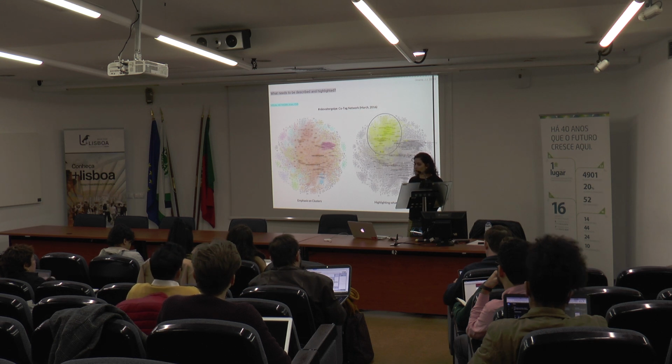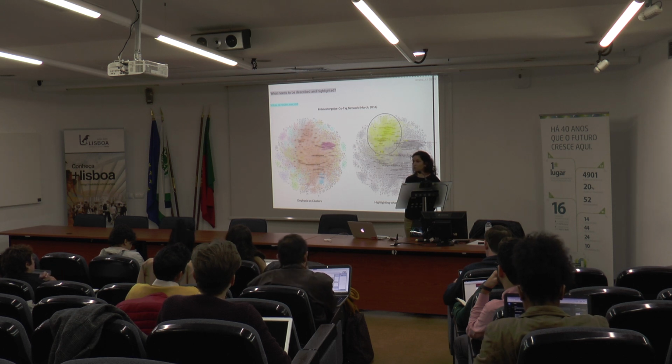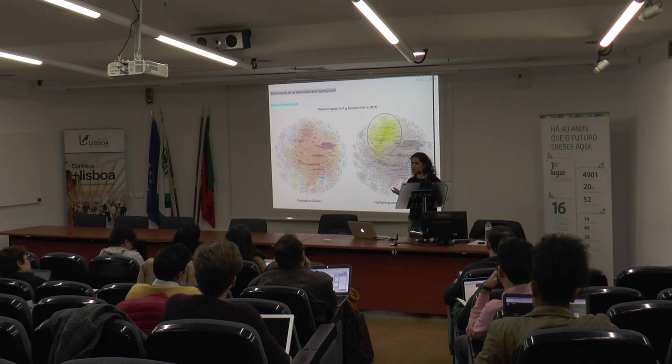And what you see on one side, colors emphasizing clusters, which means you have different forms of conversational support apparently supporting "There won't be a coup." On the other side, you see what was hidden but not identified. It was actually, in yellow, the coup, to keep Dilma in power.